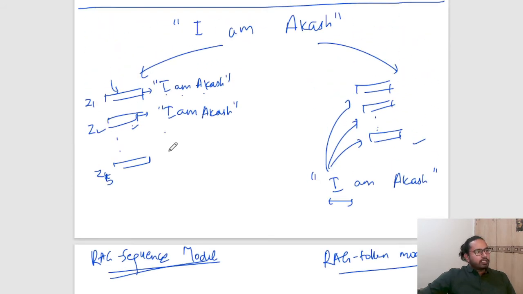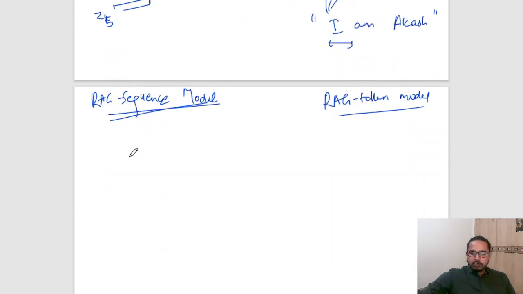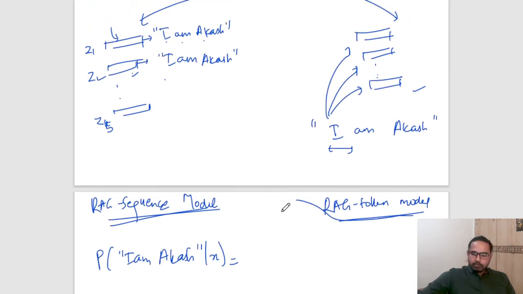Now as we discussed earlier, we want to see how we can get the target sequence from each of these retrieved documents. So let's say I finally want the probability of the answer string, "I am Akash", given an input X. In a sequence model setting, we can get this in 5 different ways.